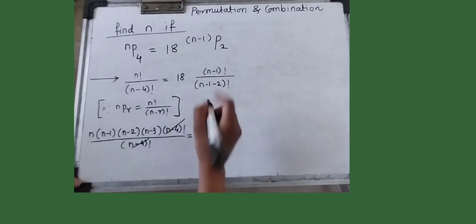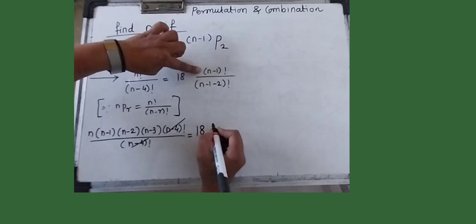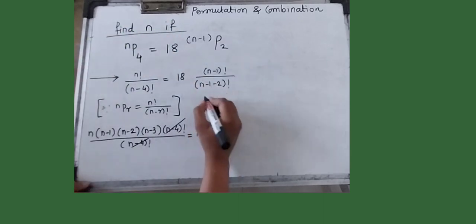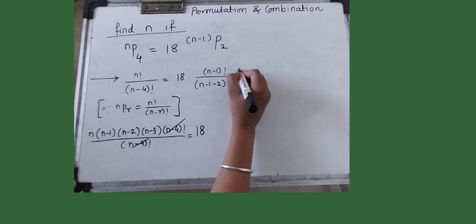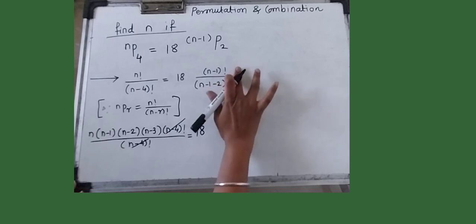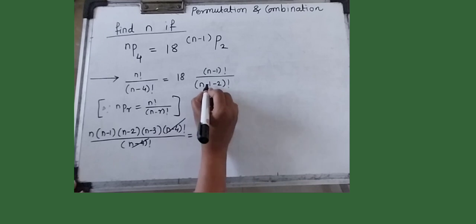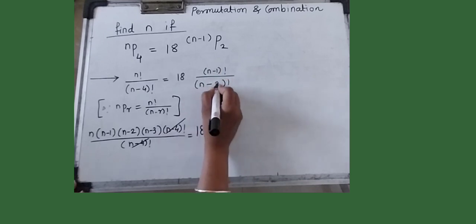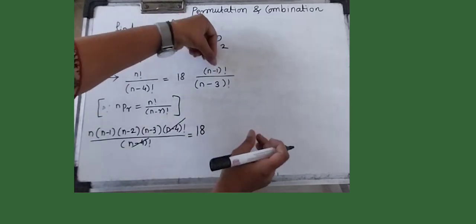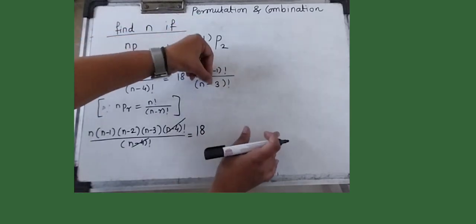18. Similarly here. What is this? This term is n minus 1. I write here minus 1, minus 2, it is minus 3. See here, n minus 1, n minus 3.